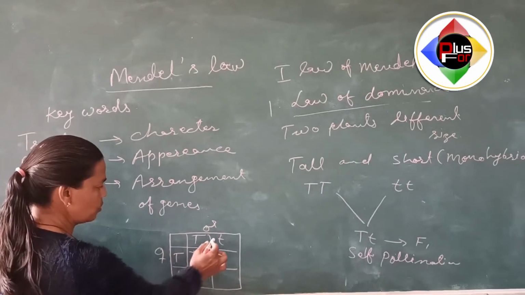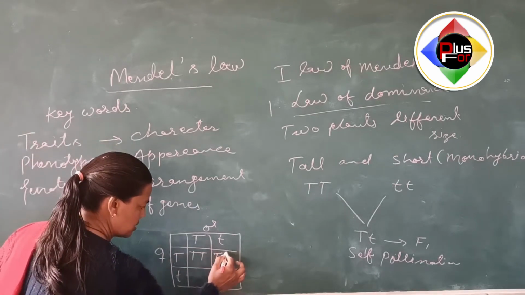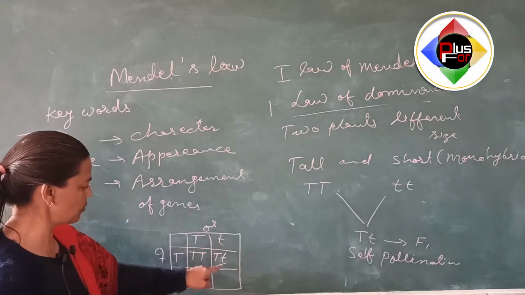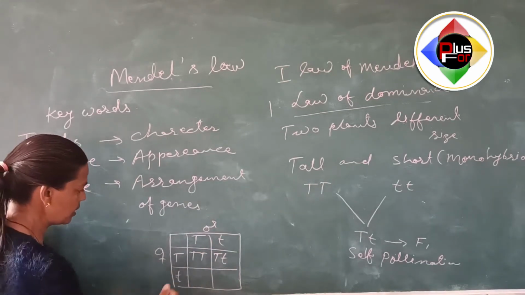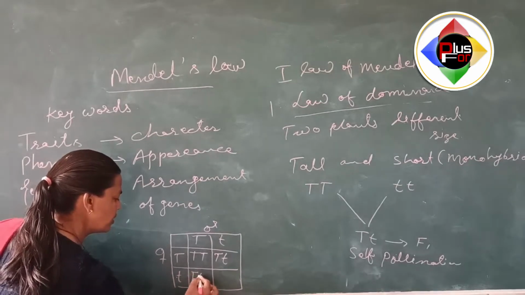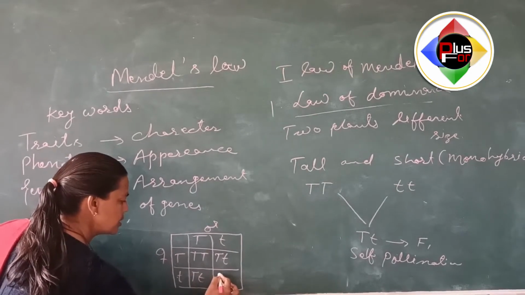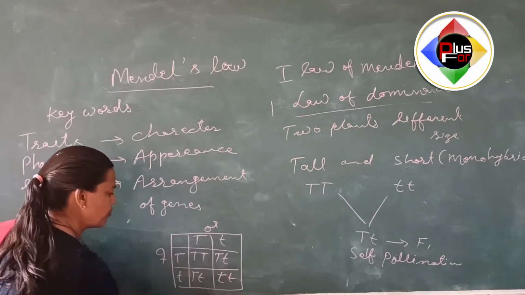This T crosses with this t, and we get capital T and small t. Here the same thing, T and t.